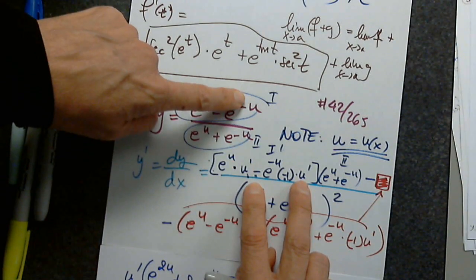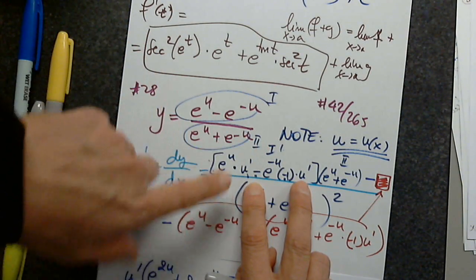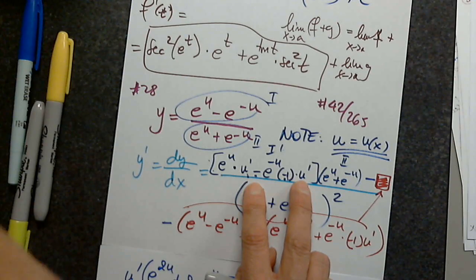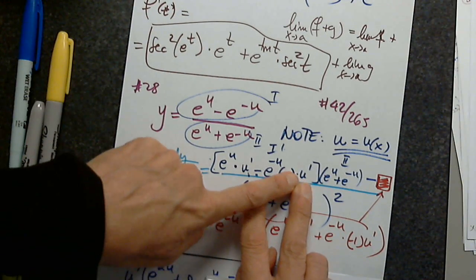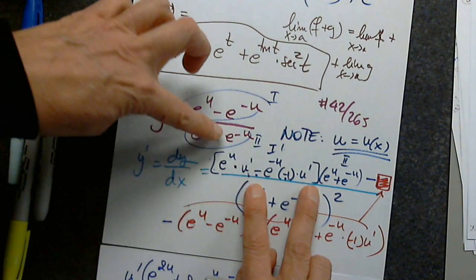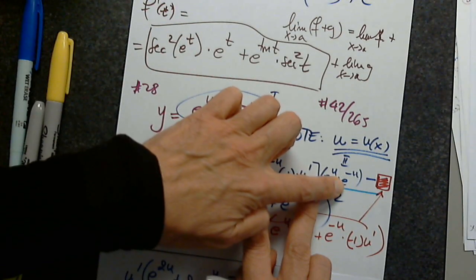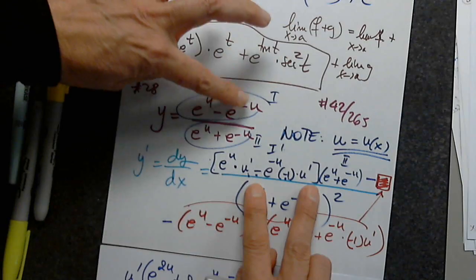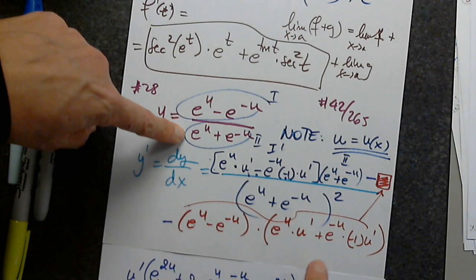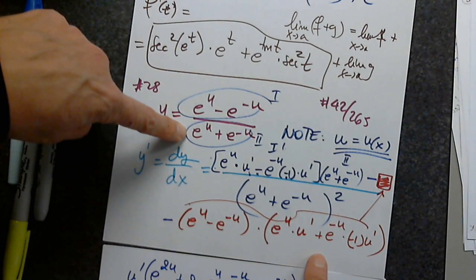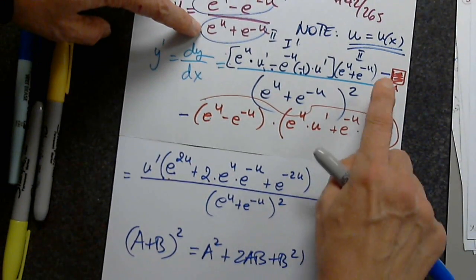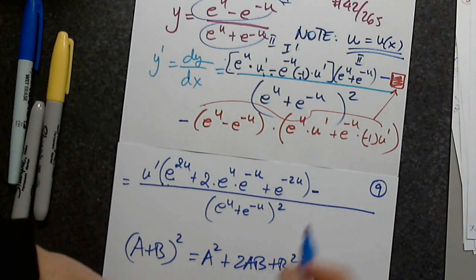E to negative u prime is e to negative u times negative u prime, which is negative 1 times u prime. Okay. Then I copy the denominator. And then I reversed. Minus, I copy the numerator and I differentiated the denominator. Better? Perfect. So now I'm here with minus.